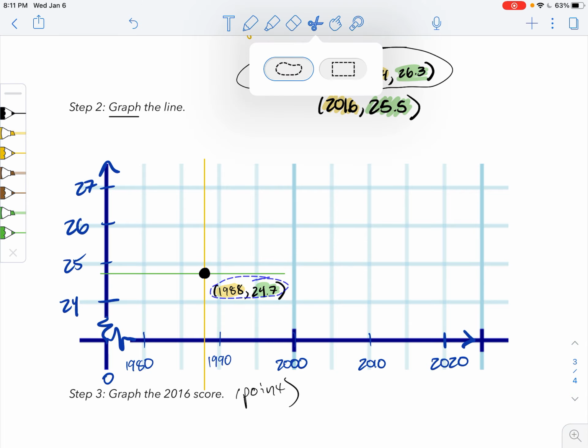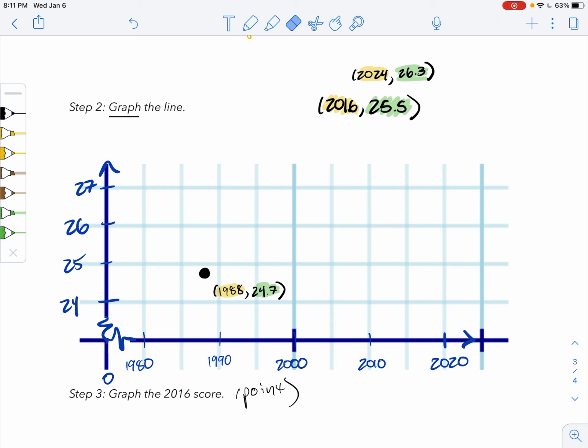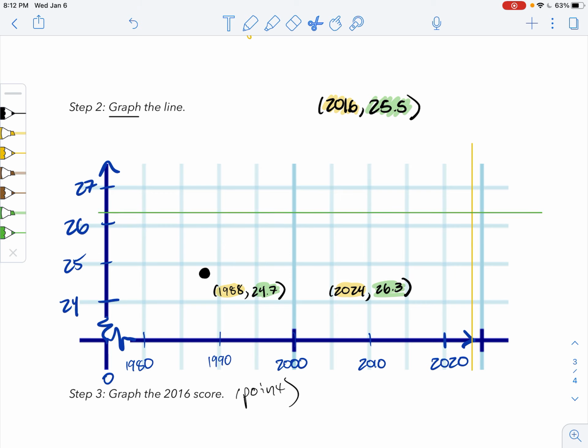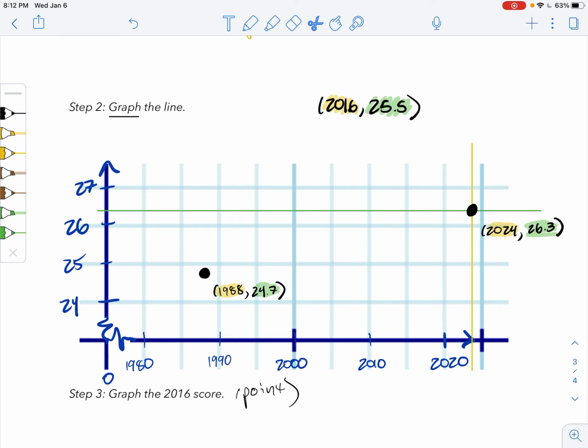And then we graph 2024 and 26.3. So 2024 is going to be like here. And 25.5, oh, that's so nice. That's right here. Oh, just kidding. That's the wrong year. We need 26.3. About there. There's our point. And now that we've got our 2 points, we can make the line by literally connecting them.